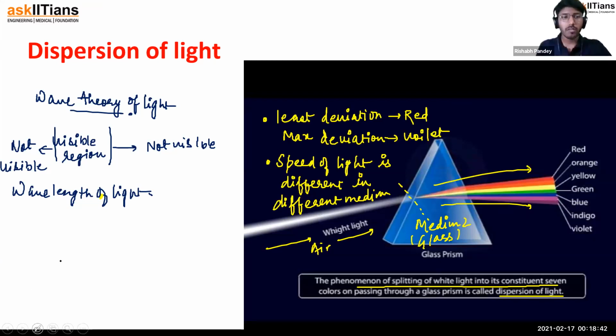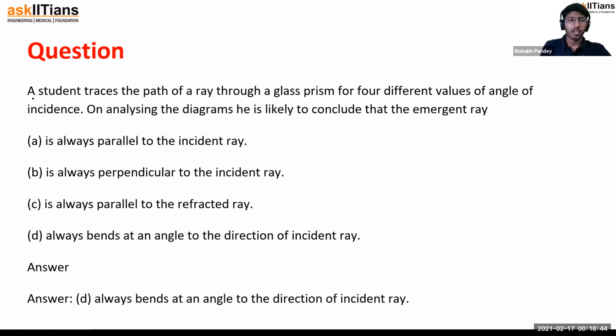If you look at this first question, it says that a student traces the path of a ray through a glass prism for 4 different values of angle of incidence. On analyzing the diagram, he is likely to conclude that the emergent ray... See, if I have a prism like this, and a student traces the path of a ray through a glass prism for 4 different values of angle of incidence.